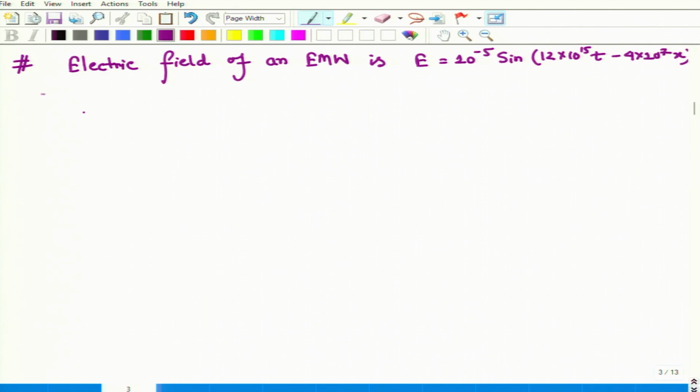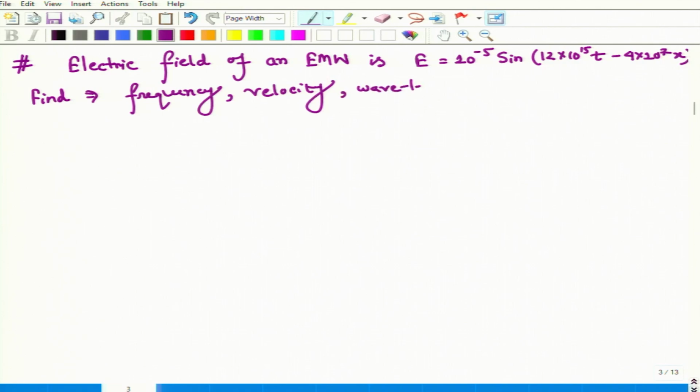Now they ask to find the frequency, velocity, and wavelength of the wave.